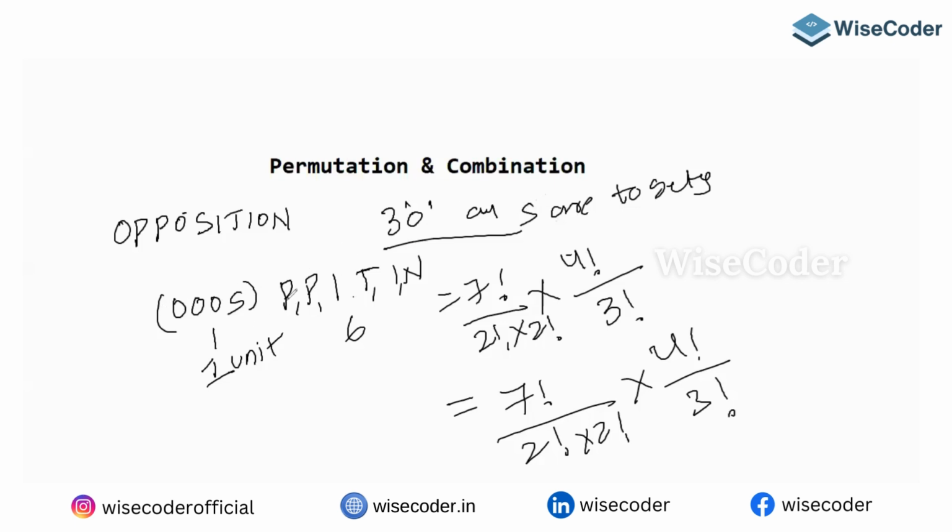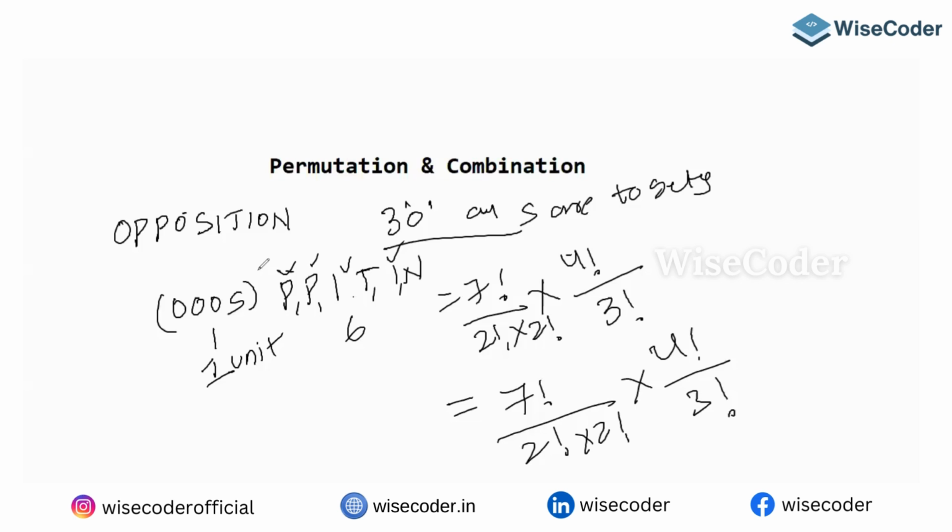Treat them as one unit, write the remaining ones, that is 6, plus 1 gives 7 factorial, divided by 2 factorial into 2 factorial because 2 P's and 2 I's are there. That is not the end of the answer. The 3 O's and 1 S arrangement is 4 factorial divided by 3 factorial. That's how you can end your answer.